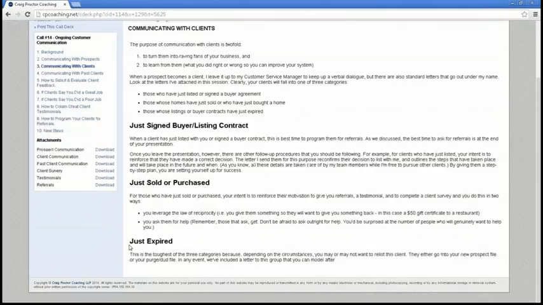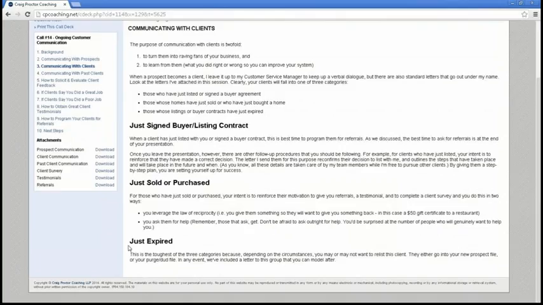Now, the worst thing that can happen when we take on a listing, of course, is it doesn't sell. Okay, the listing expires. It happens to everybody, myself included. So what I do in that situation is I try to neutralize them. I don't want anybody unhappy. I want to do my very best to neutralize them.